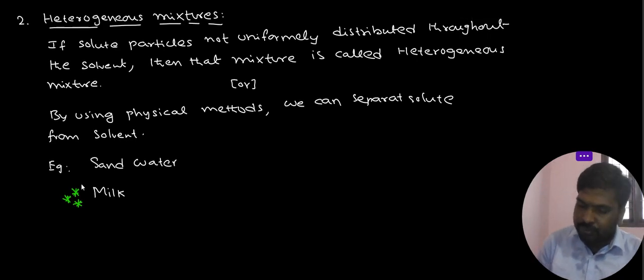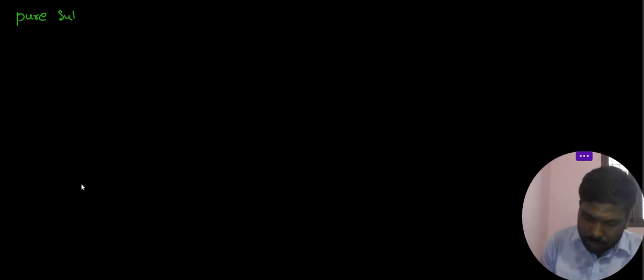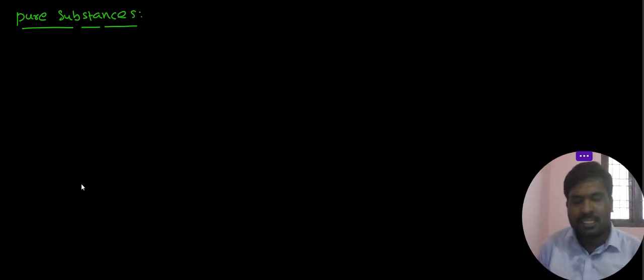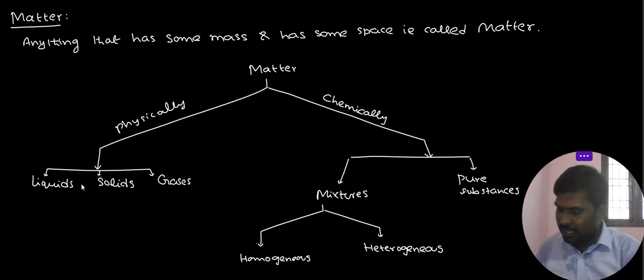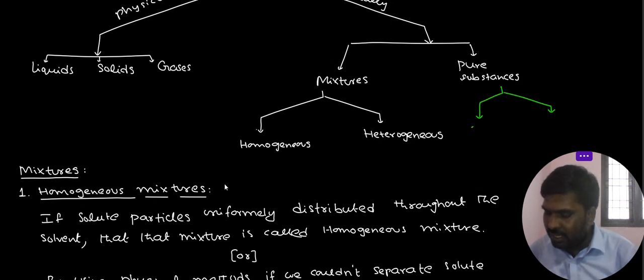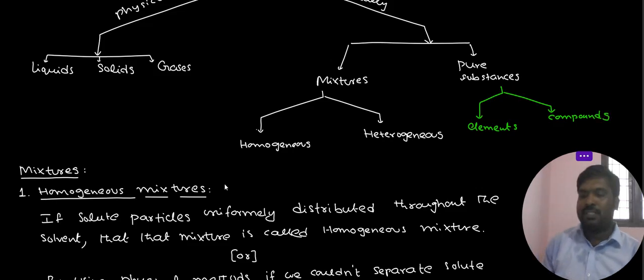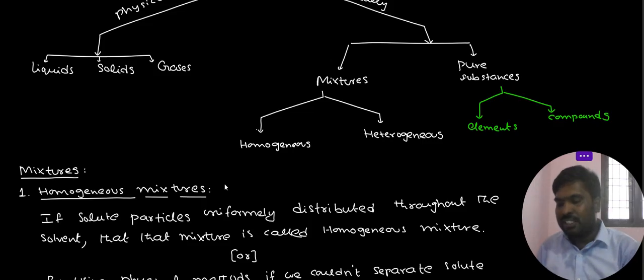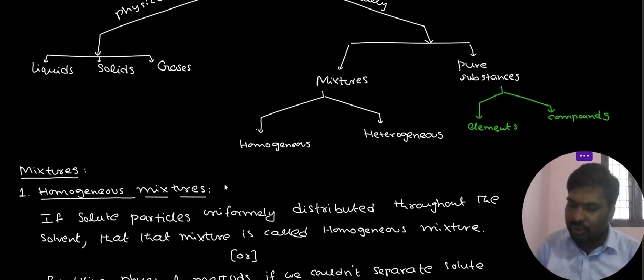Pure substances are of two types: elements, and compounds or molecules.